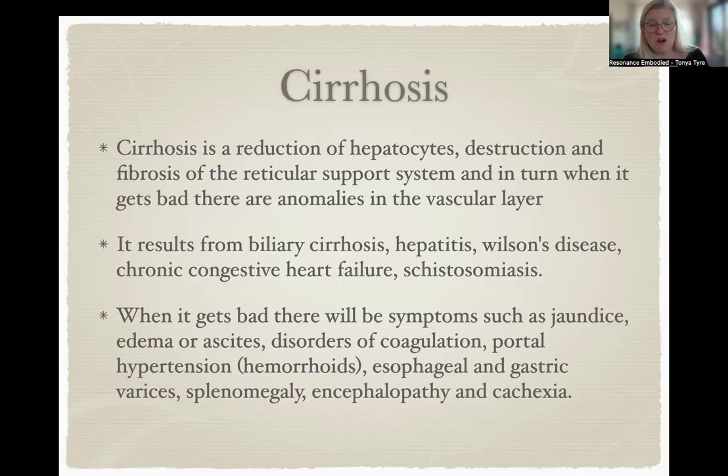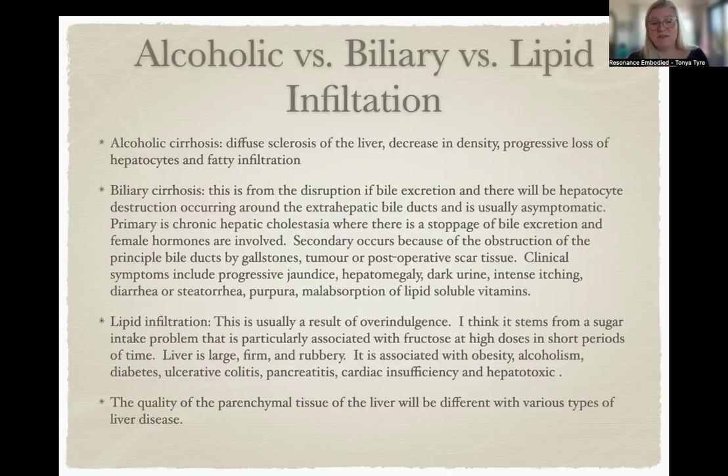So, cirrhosis can be caused by many different things, but we're probably very familiar with alcoholic cirrhosis. And then biliary cirrhosis, there's a few different kinds. One is primary, and basically we see disruption of bile excretion for different reasons. And the bile, when it accumulates, destroys your hepatocytes.